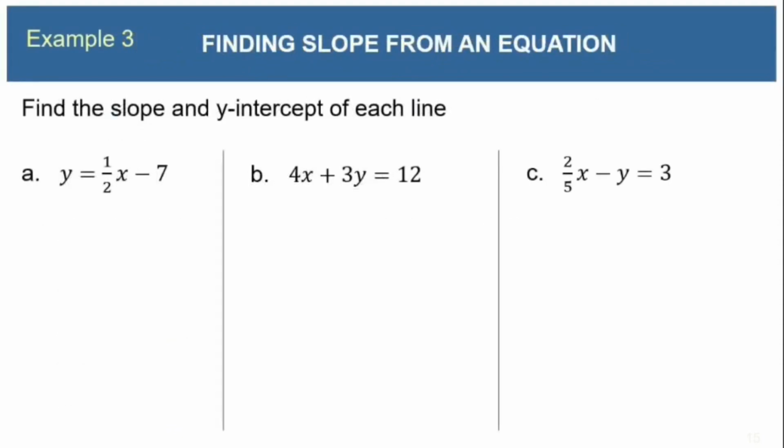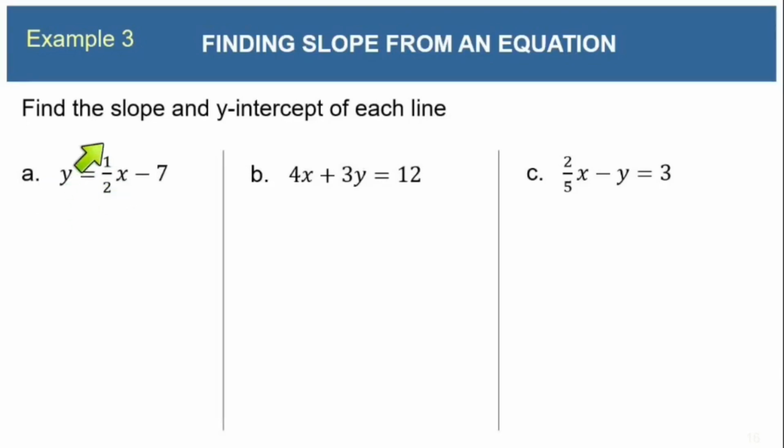So in this example, we're just going to practice looking at the equation and getting the slope and the y-intercept from that equation. Now, here in part A, we have y equals 1/2 x minus 7. When the equation is already solved for y, the numbers that you see are the slope and the y-intercept.